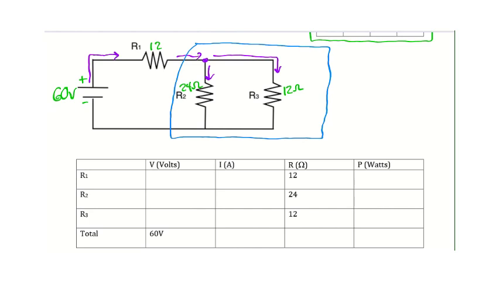Now recall that it is covering up two resistors that are in parallel. So what is the rule for resistors in parallel? Well, the rule for resistors in parallel is that reciprocals add.